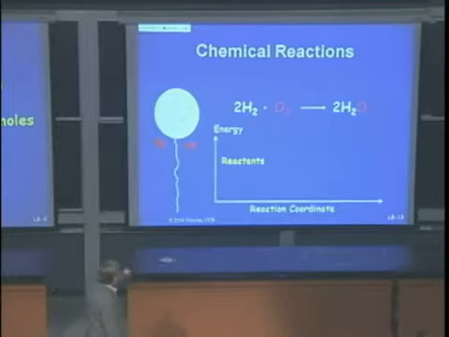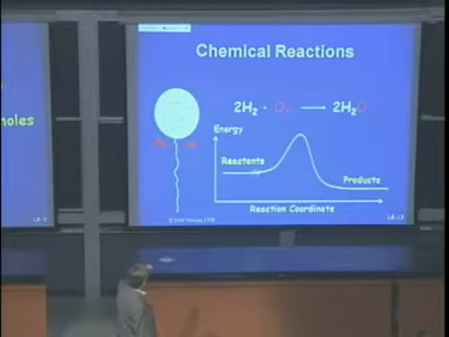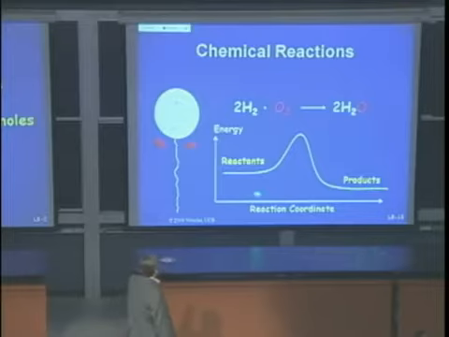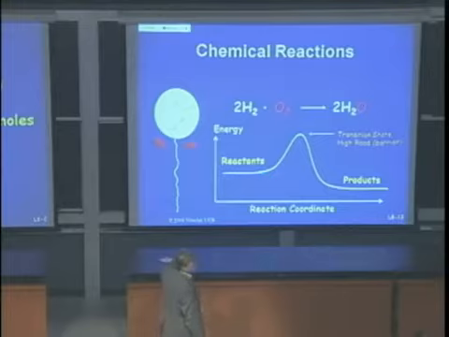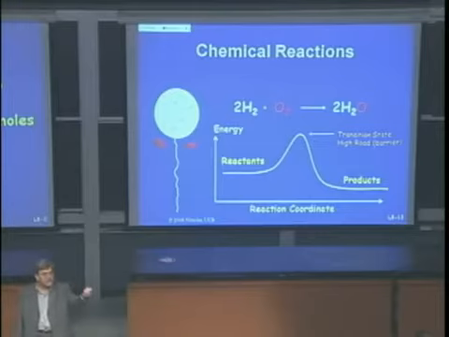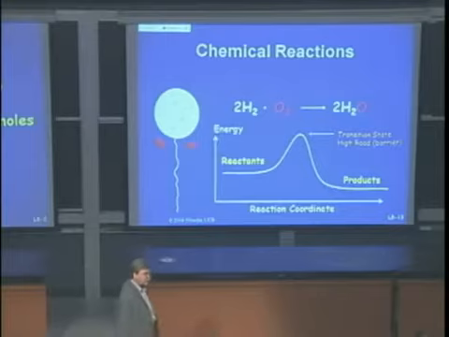So now you can read these things. This is an energy diagram. The energy of the reactants is higher than the energy of the products. It had to go through an activation barrier here. That's a transition state, but we needed to put a little bit of energy there, and then we got the reaction started, and the energy that was released in the reaction then got the other parts of the reaction started.